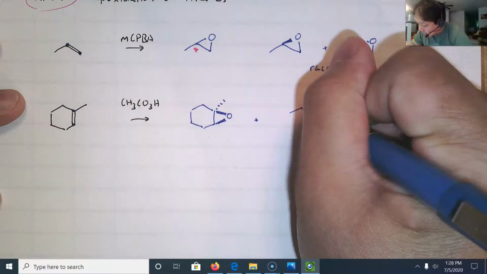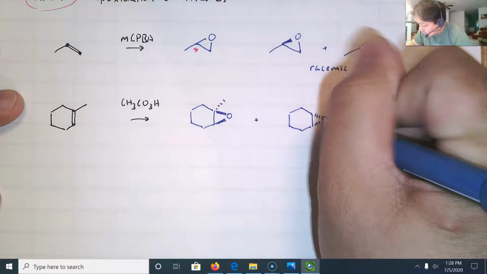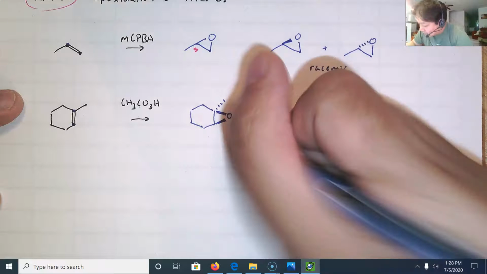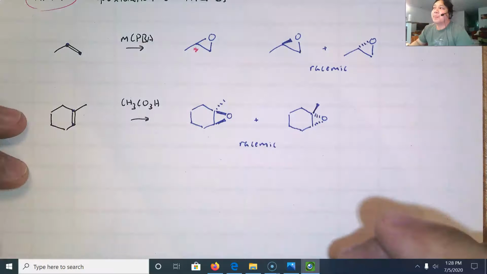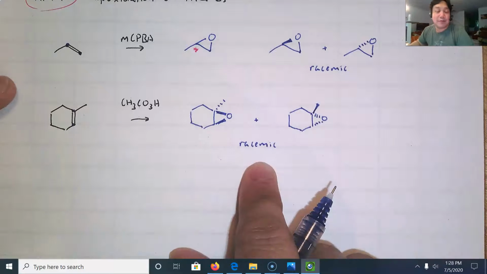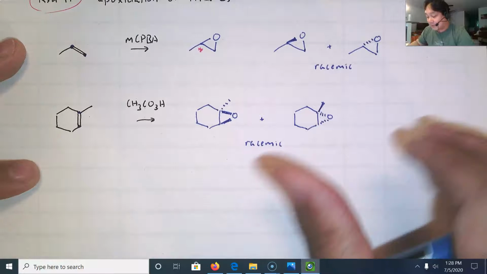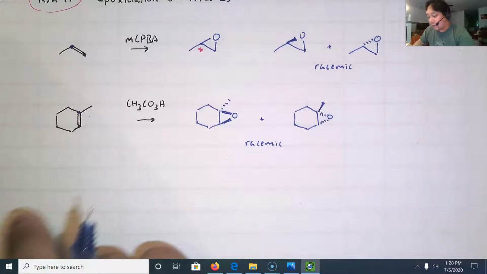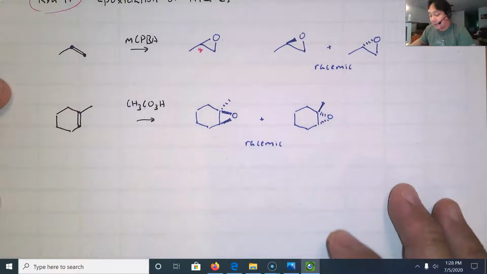Well, if it's underneath the desk, you could draw the epoxide like this. Again, this is racemic. I'm trying to figure out if we'll always have a racemic mixture. No. There are some instances where your alkene will give just one product. We might see that example a little bit later.